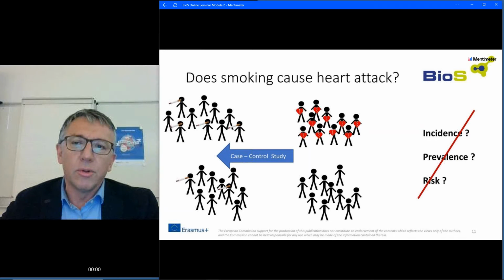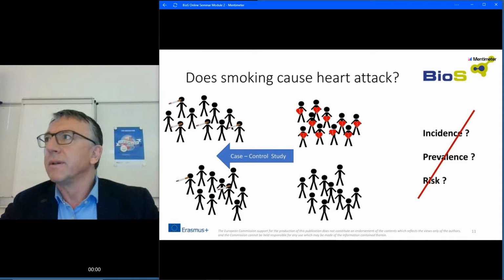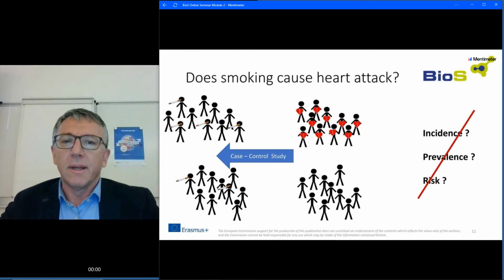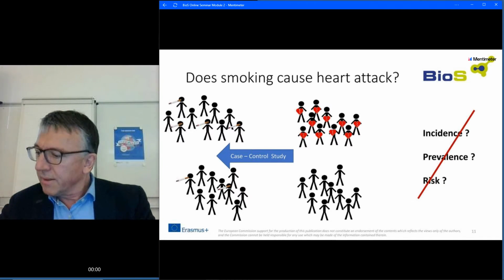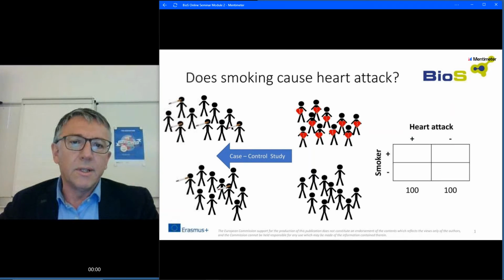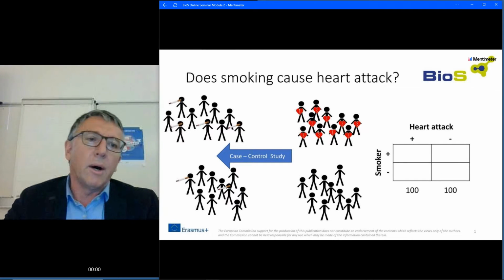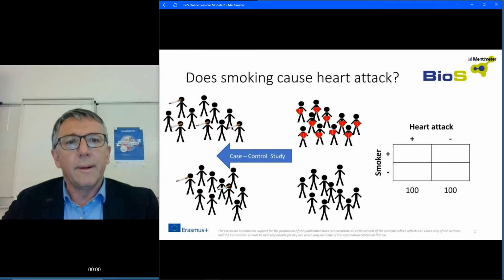So are case control studies worthless, or is there information in conducting a case control study? One possibility to look at a potential outcome of case control studies is again the 2-by-2 table.